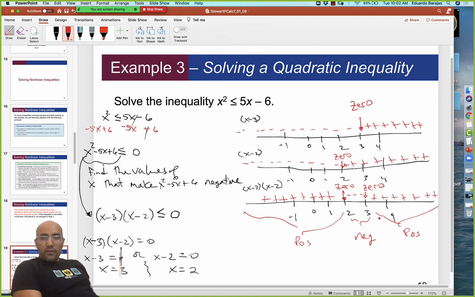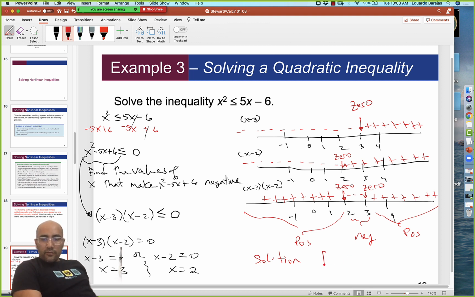So based on all this, we can come back and answer the question we wanted to figure out: what values of x produce a negative number? And here it is, it's these. Now, it was less than or equal to 0, so that means we include the endpoints. Good. So our solution set is let x, well, there's different ways of describing it, so let's do it in different ways.